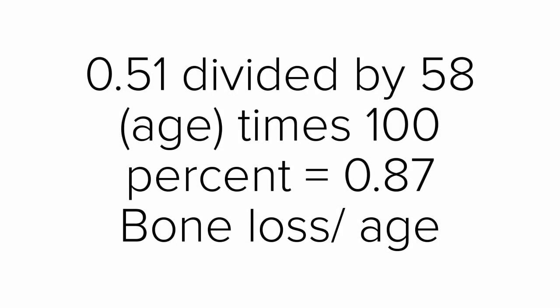The formula goes as 0.51 divided by 58, times 100%, to get the answer of 0.87. Now 0.87 is the bone loss per age. Under the grading of periodontitis, it will be grade B, not grade A, neither grade C periodontitis.